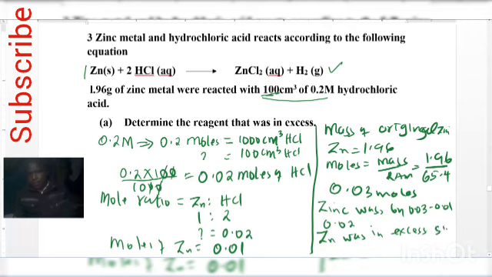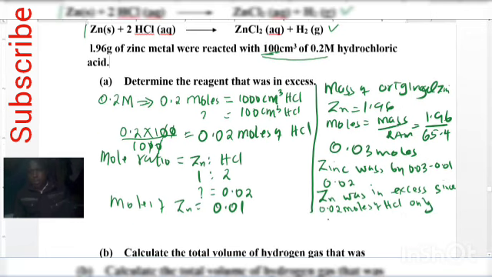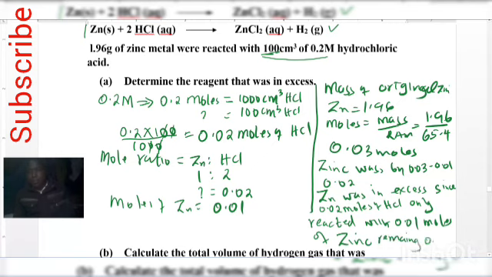You can give the reason: since 0.02 moles of HCl only reacted with 0.01 moles of zinc, remaining 0.02 more, because the total was 0.03.